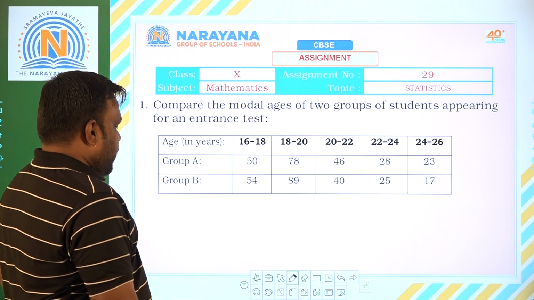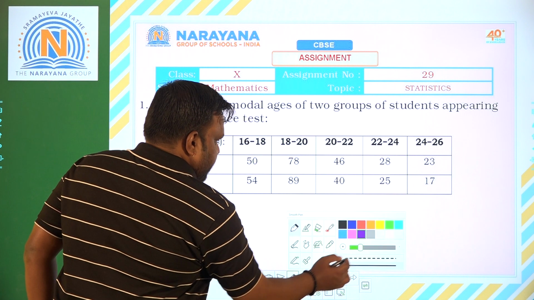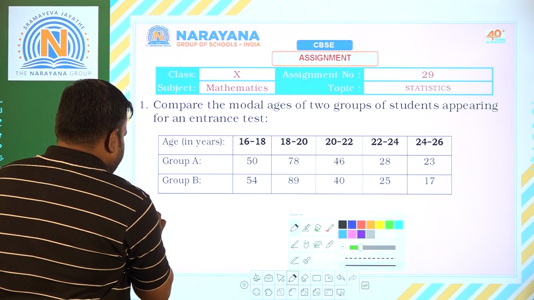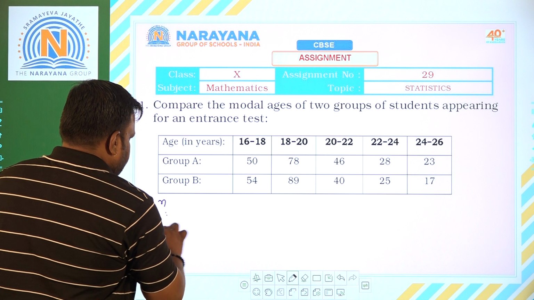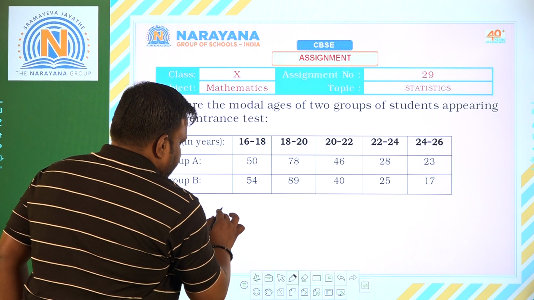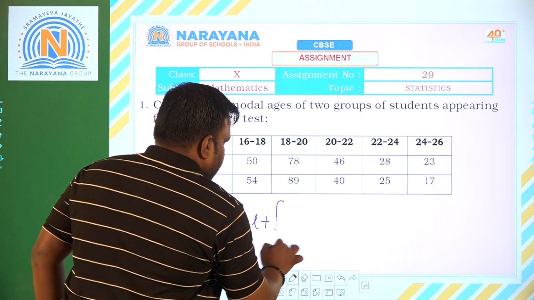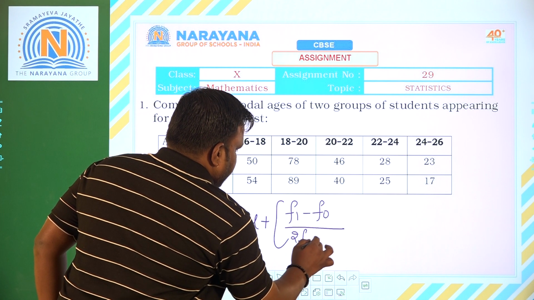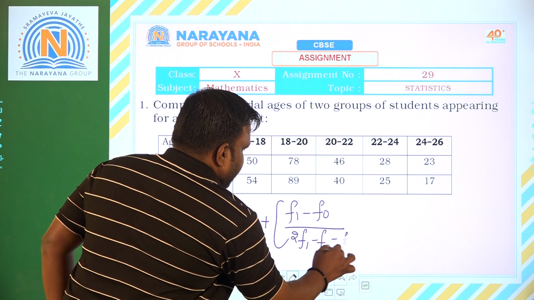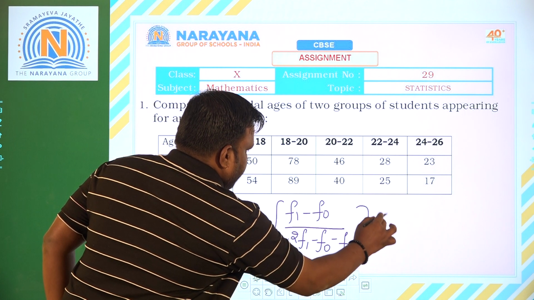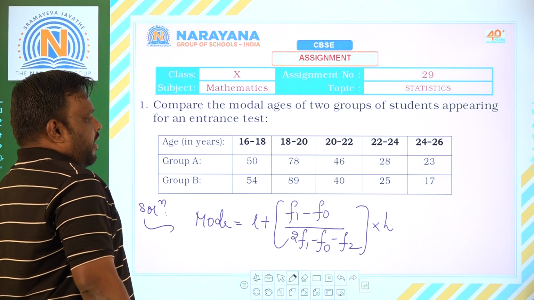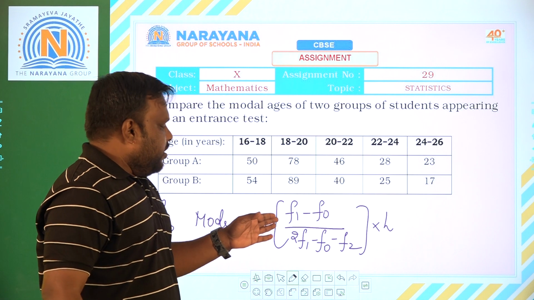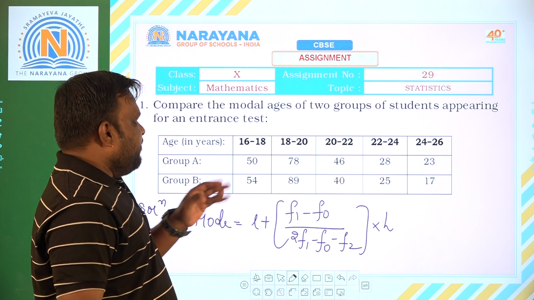So we know the formula used for calculating the mode for grouped data: mode is equal to L plus (F1 minus F0) by (2F1 minus F0 minus F2) into H. Right? So what are these? We know clearly what F1, F0 and F2 are.